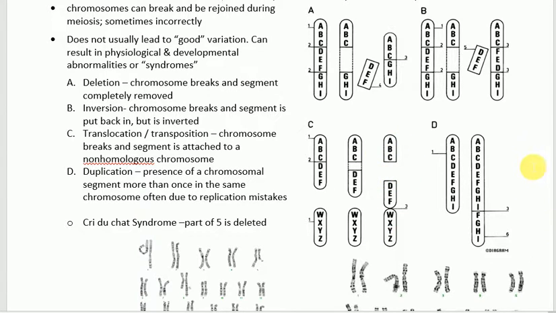Then we have duplication, and this is when a segment of the chromosome is in more than one place in the chromosome, and it's due to replication mistakes. So you can see we have A through I, but then right here we've got F, G, H, I added back on. An example of this duplication is Huntington's disease.